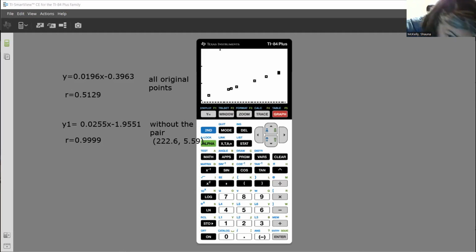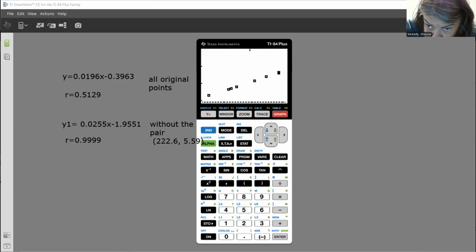Y1 is equal to 0.0255x minus 1.955. And R here was equal to 0.999. Okay. All right. Well, I'm going to fix this now, but I wanted you to see that.